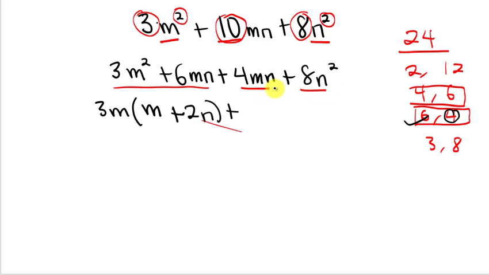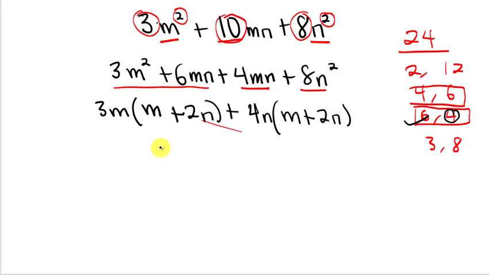Once again, the n will go into 4mn, and the same n can go into 8n squared. So we are going to have our 4n. You open the bracket. When 4n goes into 4mn, you are going to be left with m. You bring the operation plus. Once again, 4n goes into 8n squared, 2n times.